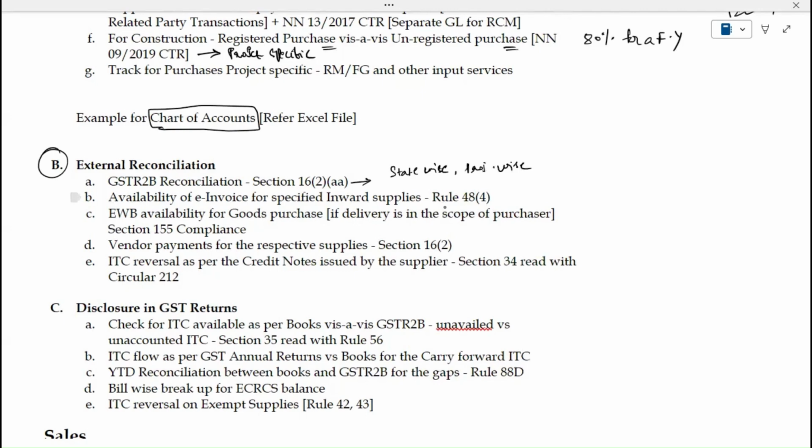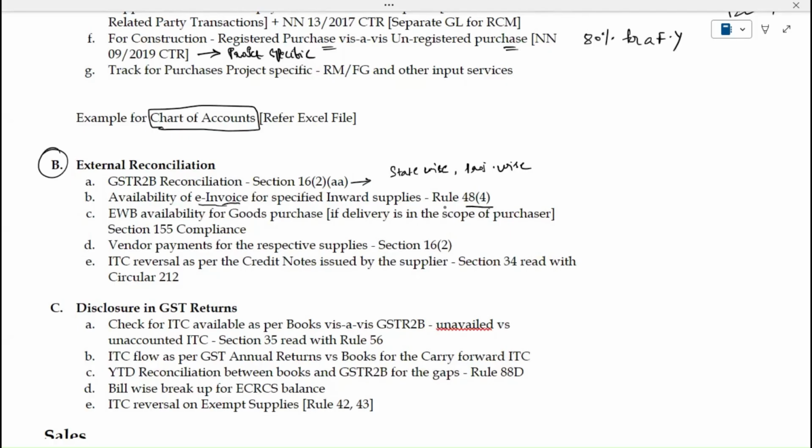Then availability of e-invoice for specified inward supplies as per Rule 48, Sub-Rule 4. Please keep in mind, wherever a supplier whose turnover is more than 5 crore, they are supposed to give an invoice called e-invoice. Any invoice which is not an e-invoice is not to be considered as an invoice. Let's take an example.